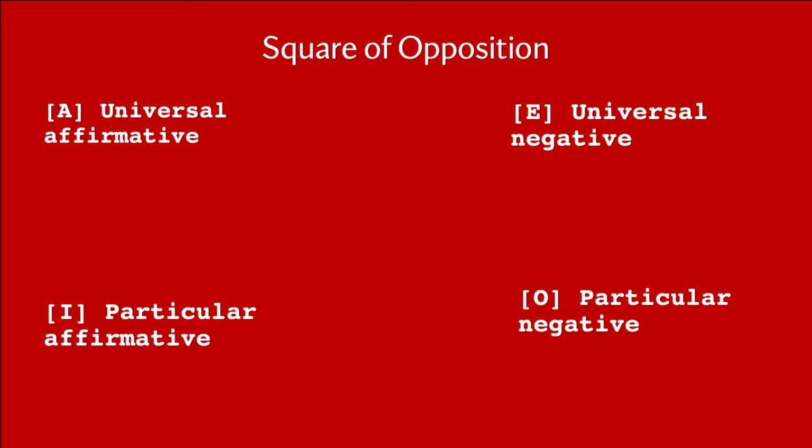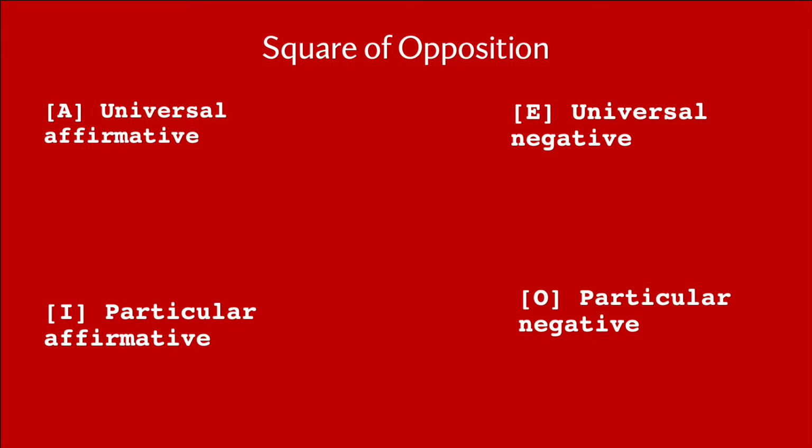These four letters, A, E, I, and O, must be memorized in their relation to different kinds of propositions. So remember that if you see a proposition called an A proposition, that means it's a universal affirmative proposition. And if you see a proposition called an O proposition, that means it's a particular negative proposition.